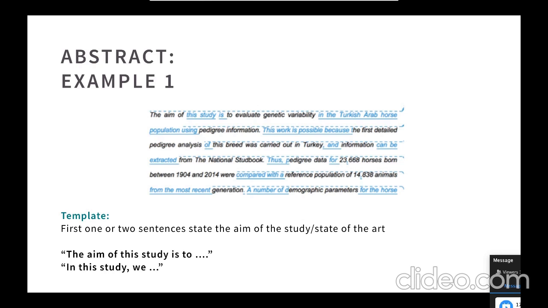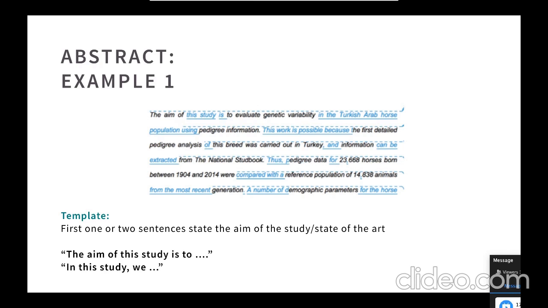Now, in an abstract, with the structure that we've discussed, the 4 why questions that we talked about in our previous slide, it's important to look at what the different sections of an English abstract have to do. The first 1 or 2 sentences talk about the aim of the study and the state of the art.